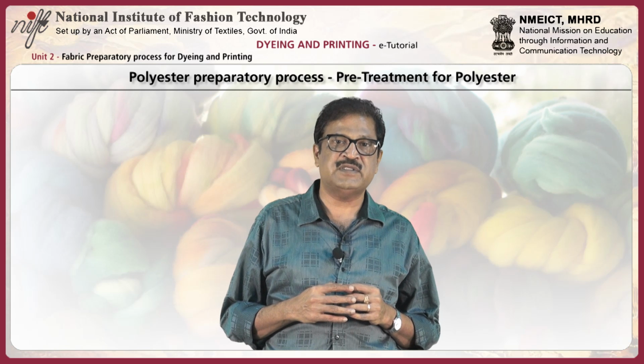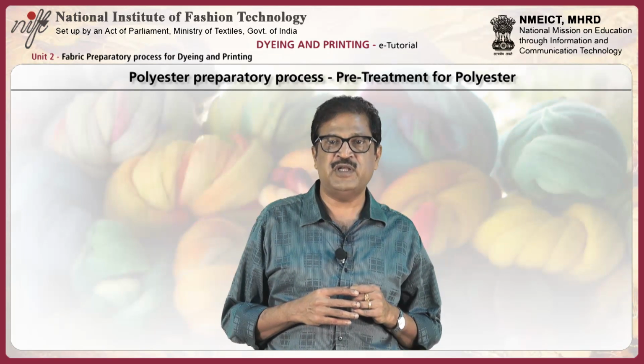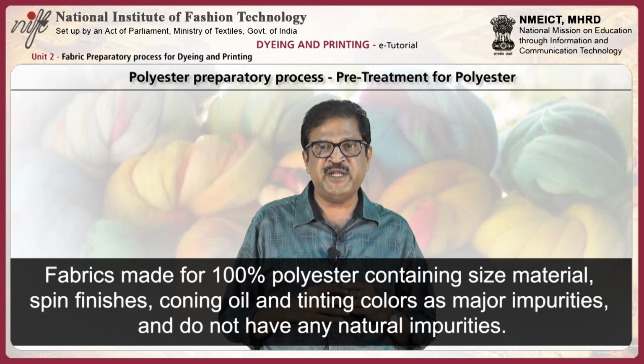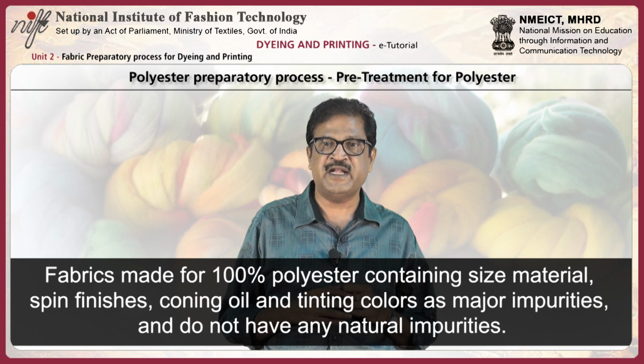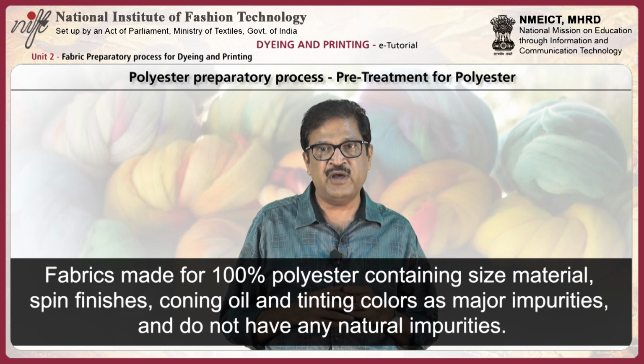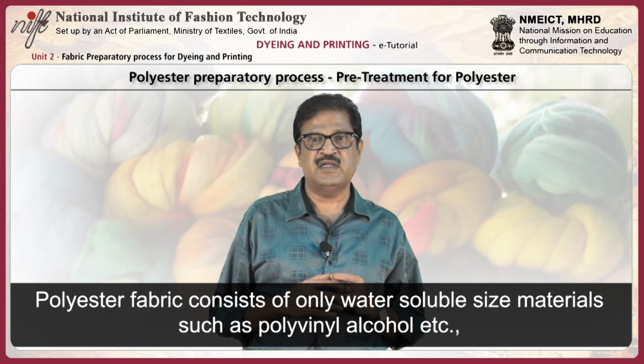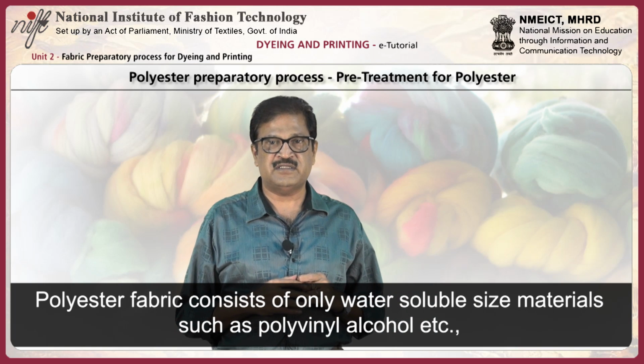Polyester preparatory process. Pretreatments for polyester. Fabrics made of 100% polyester contain size materials, spin finishes, coning oil and tinting colors as major impurities and do not have any natural impurities. Desizing of polyester.